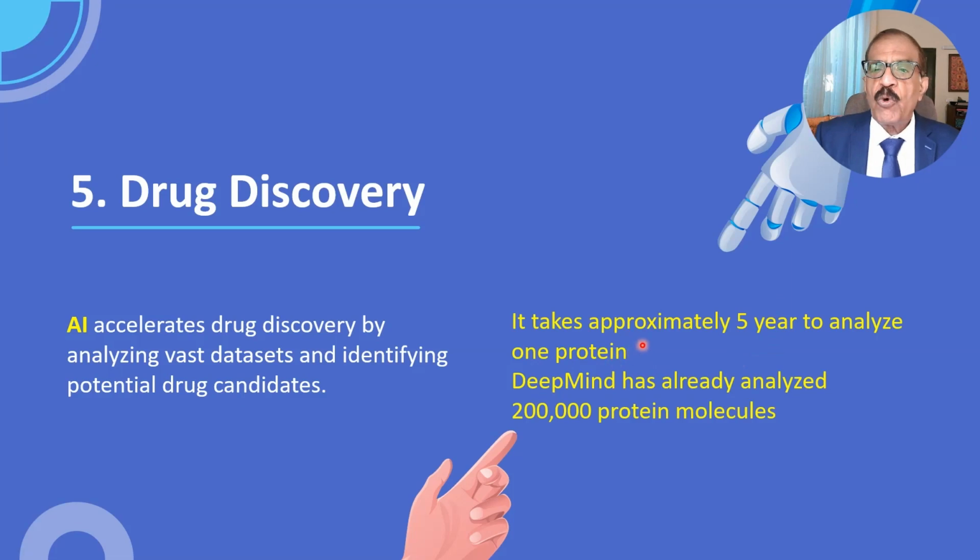Proteins have a lot of therapeutic potential. DeepMind, a subsidiary of Google based in London, has already analyzed some 200,000 protein molecules, and they have a possible role in the management of various diseases. Drug discovery is typically a very slow process, but with the help of artificial intelligence, it is possible that this process will become faster.